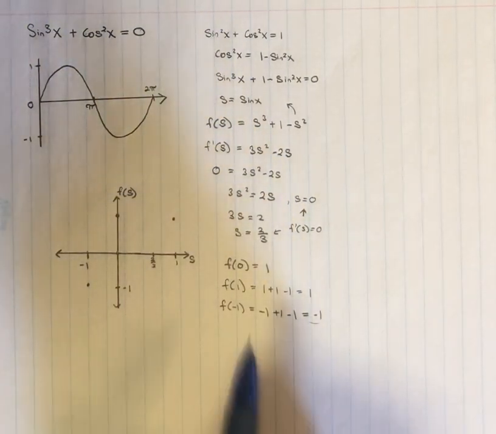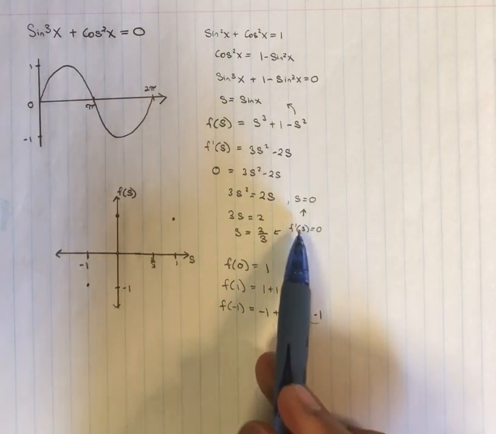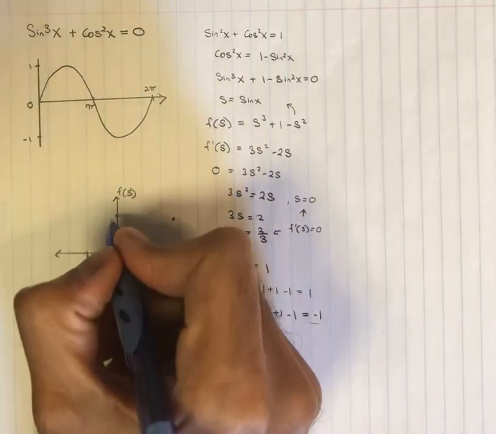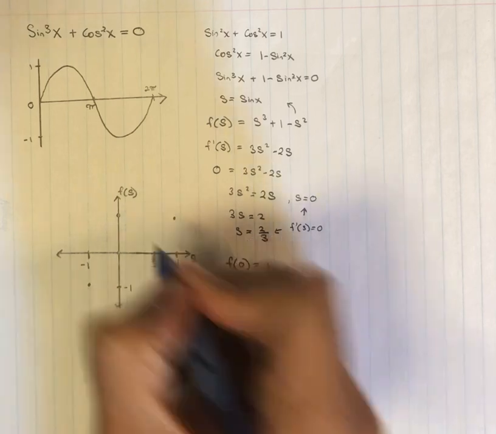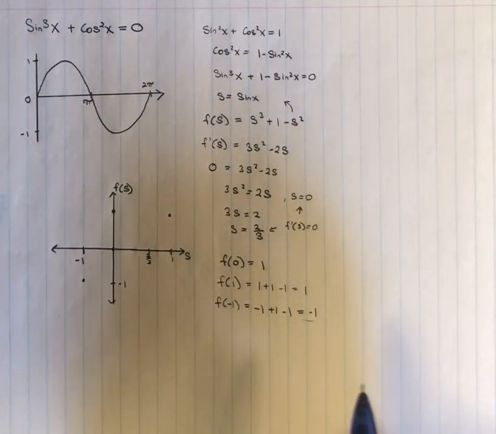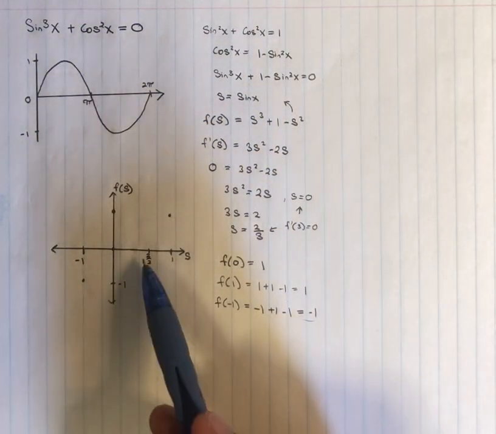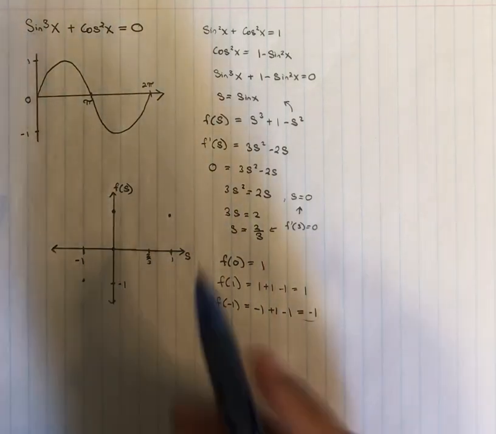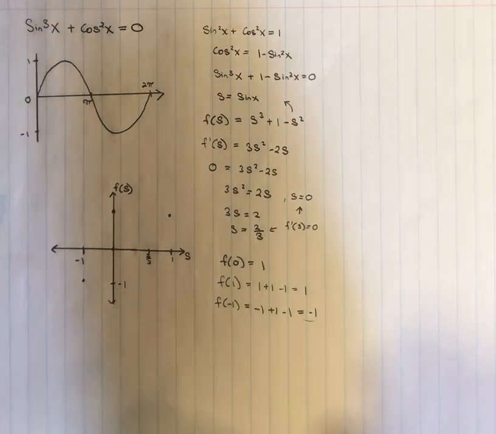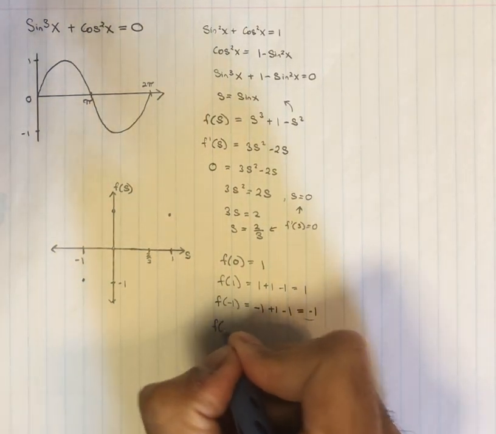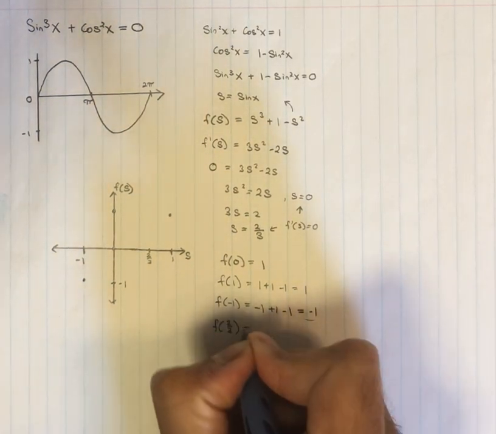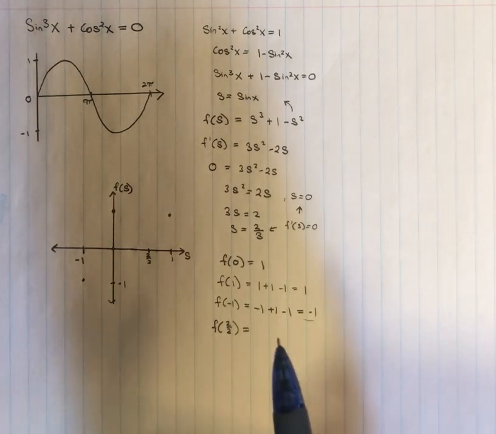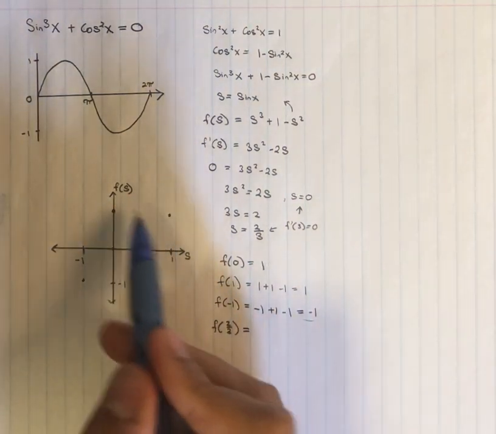We know that according to our turning points, there are turning points at 0 and at 2 over 3. So to figure out what this graph is doing, we want to know what's happening at f of 2 over 3 as well, because then it's easier to plot this graph. That way we know if it's going up or down.